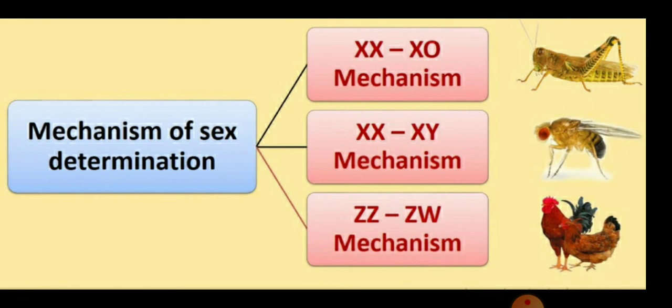So children, there are three types of sex determination mechanisms. The first mechanism is the XX-XO mechanism. Second is the XX-XY mechanism, and third is the ZZ-ZW mechanism.